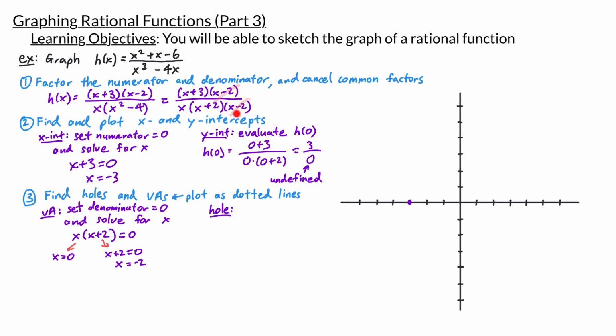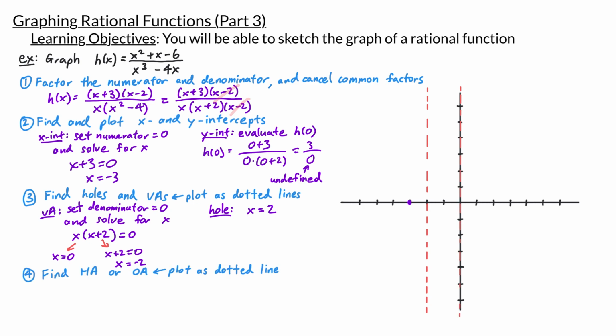Now, x equals 2 is not in our domain because it makes the denominator equal to 0. But it's also not a vertical asymptote, so that tells me that I have a hole at x equals 2. Now, all that's left for this step is to draw in our vertical asymptotes as dotted lines. So we have a vertical asymptote at x equals -2 and a vertical asymptote at x equals 0.